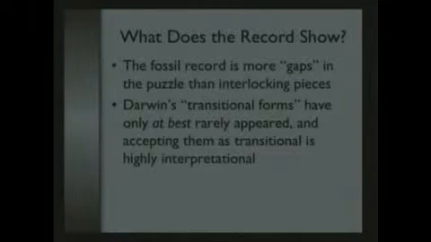So we're going to look at one of their best examples today and see what issues emerge with that. So at best, we're seeing very, very few, a handful maybe, of any kind of transitional lineage in the fossil record. And these transitional fossils prove to be highly interpretational, as you'll see.